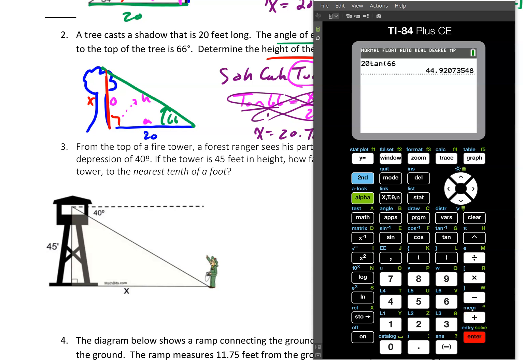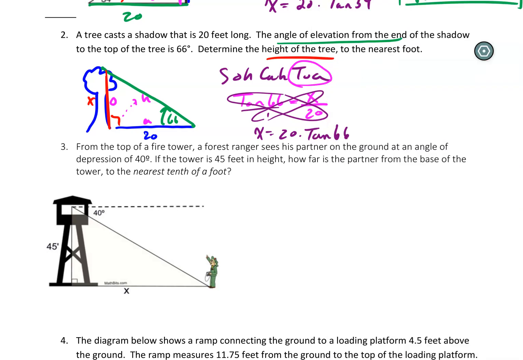That gives us this decimal answer, 44.9207. So x is going to equal 44.9207. And they asked us to find the height of the tree to the nearest foot. So that means the tree is approximately 45 feet tall.